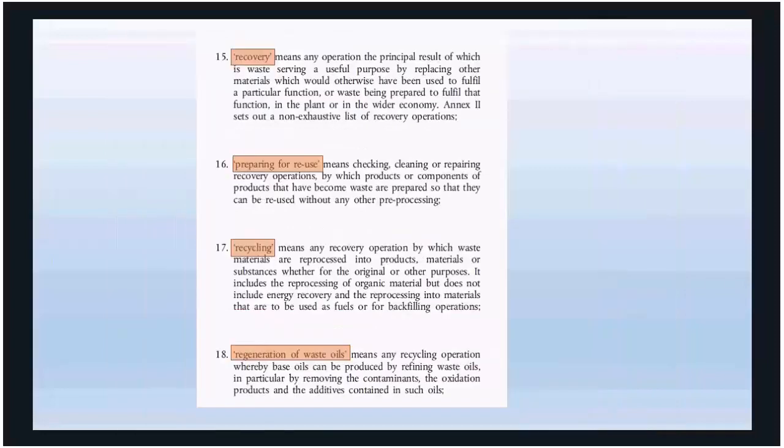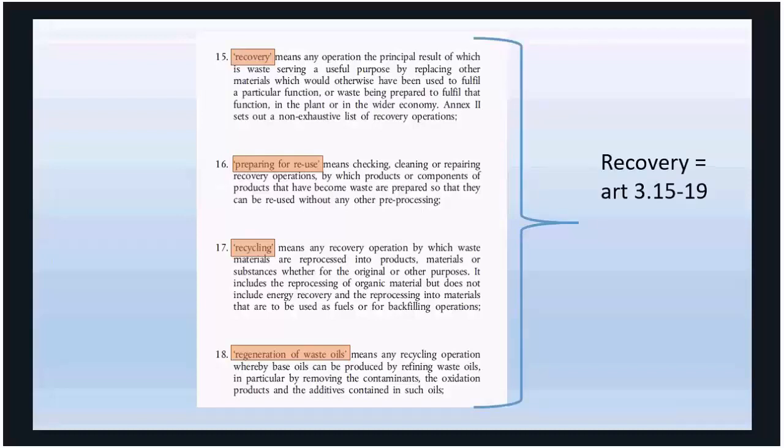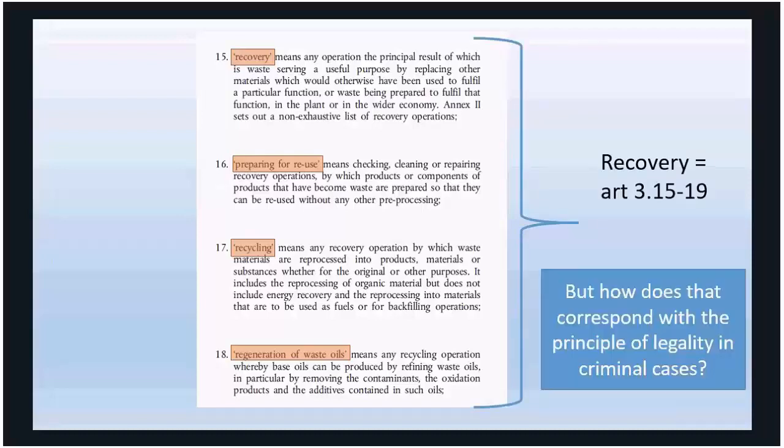So, if you use the guidelines, recovery is all of the operations mentioned here, independently of their titles. But is this an interpretation that will be the same in a criminal case, or would such an interpretation be an unauthorized extension of the term, forbidden according to the principle of legality?